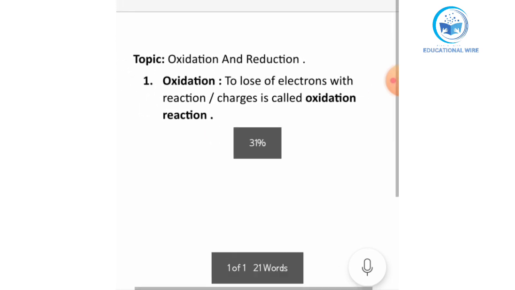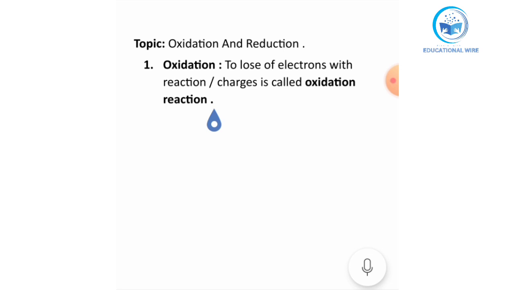So the simplest definition of oxidation is the loss of electrons with reaction or charges is called oxidation reaction. This is the first, main definition of oxidation.